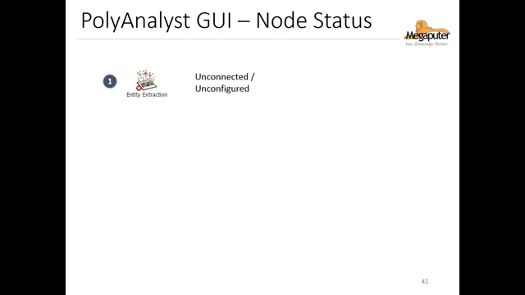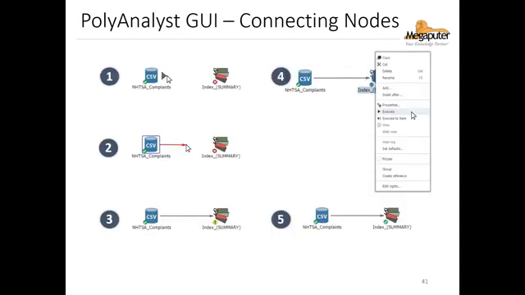You probably noticed in the last slide that each of the nodes had a small symbol in the lower left corner of their icon. If I go back, you'll see that the first icon, the NHTSA complaints, has a little green checkbox. The other one has either a red circle with an X or a yellow circle with an exclamation point.